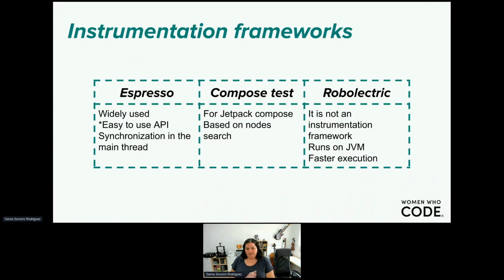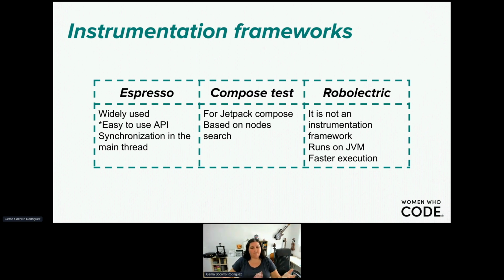Regarding the instrumentation, because when you are doing integration tests, probably you will have to test system-related stuff. For example, maybe you will have to test a database, or maybe you will have to test the UI. So there are some frameworks that will allow us to test system-related stuff. We have Espresso, which is widely used.